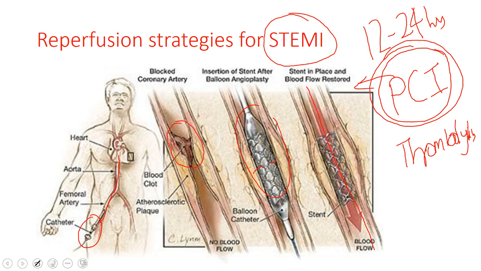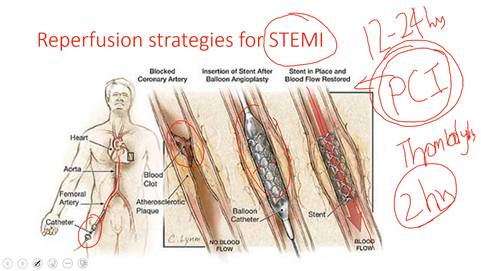Many a time it is not possible, and the health center where the patient goes first may not have that facility. So if the patient is referred to another center where PCI is available, at least within 2 hours, if it is done, it will give you a reasonable benefit.